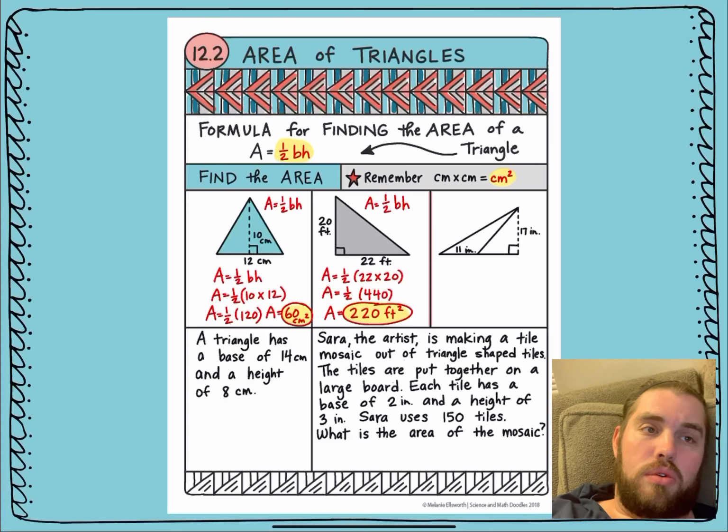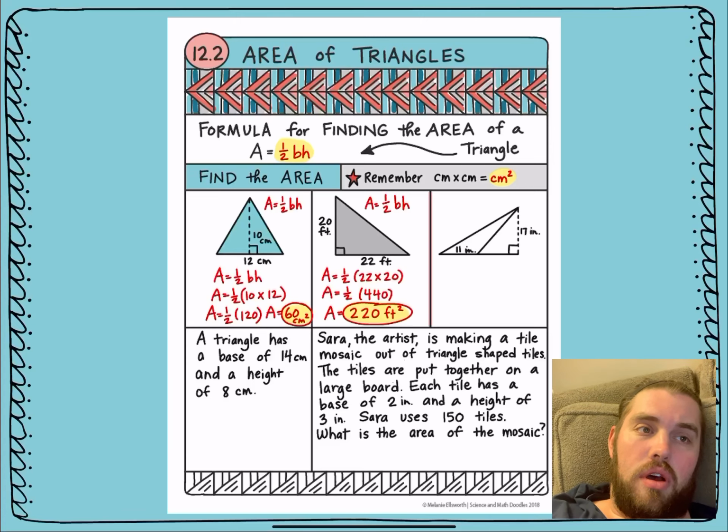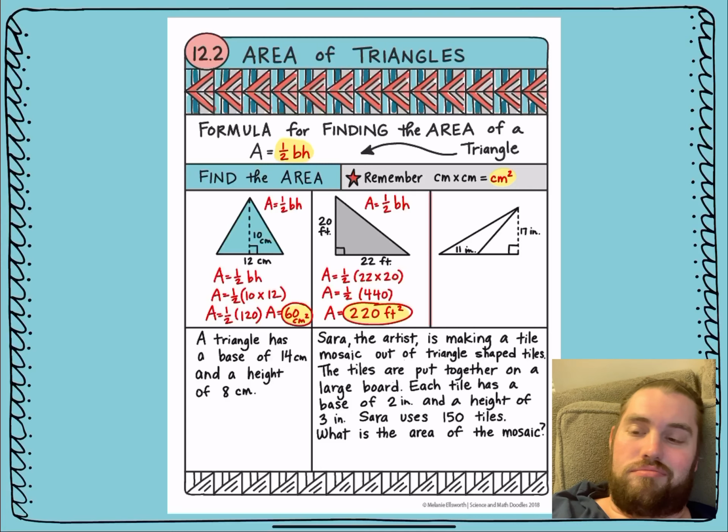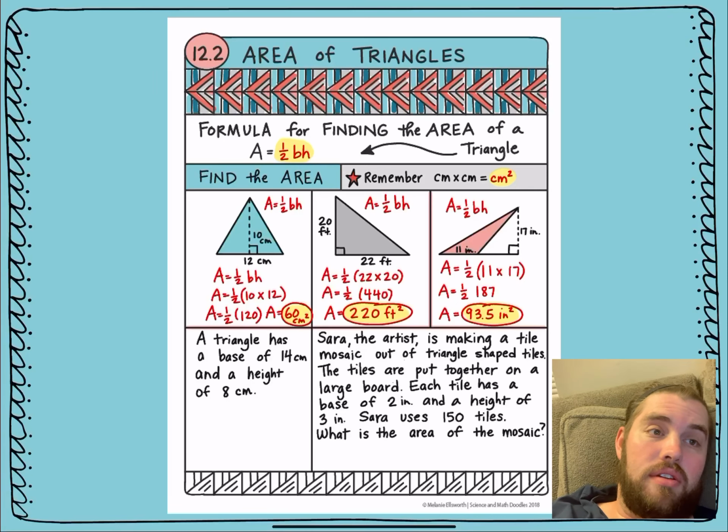So think about what's 11 times 17. It's 187. So then I take 187, I divide by 2, and I get the magic number of 93.5 inches squared.